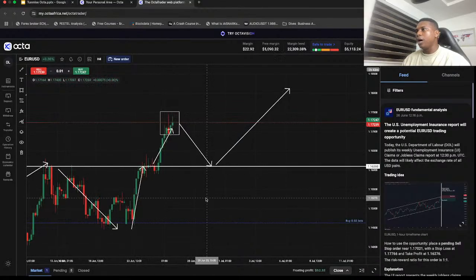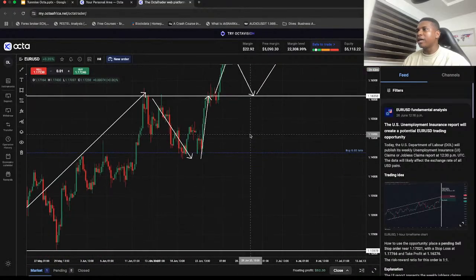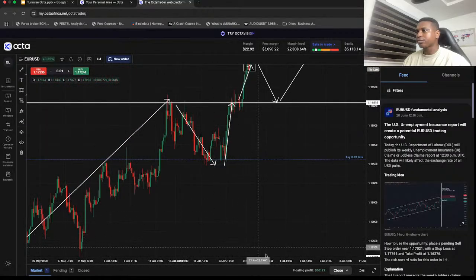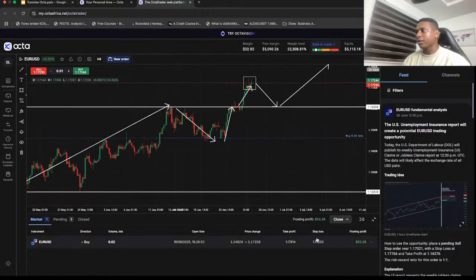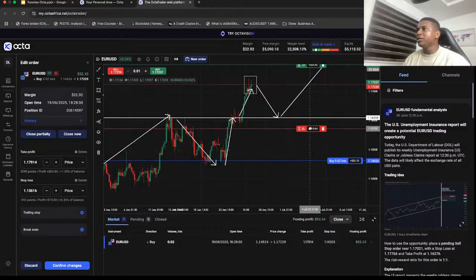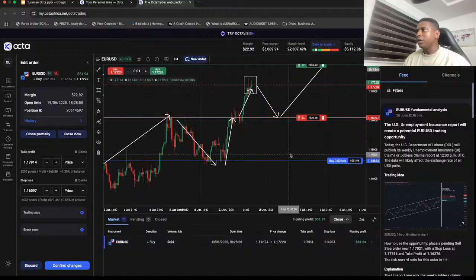So what I'm going to do is move my stop loss level above my entry level up until this next resistance zone. All right, so I've moved my stop loss level that was below my entry level and moved it above my entry level. Okay, and my trade would keep running.